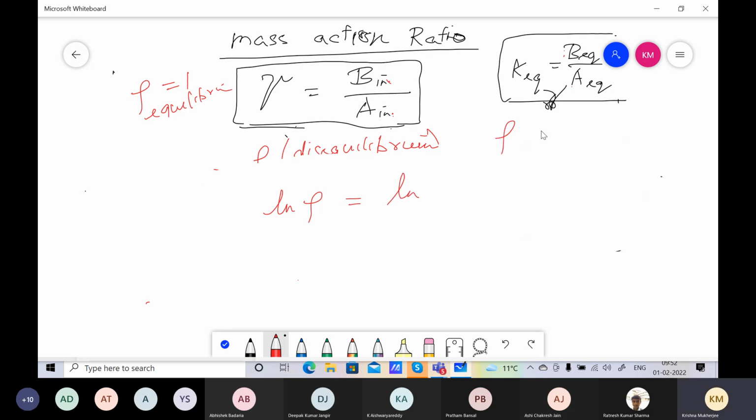Wait, what is rho? What was rho equal to? B in upon A in. Okay, no. Rho is equal in terms of gamma upon K equilibrium. Okay, so take the log: ln gamma minus ln K equilibrium.